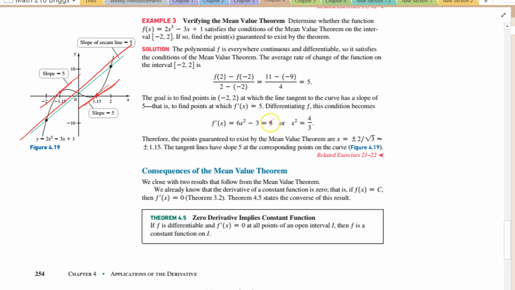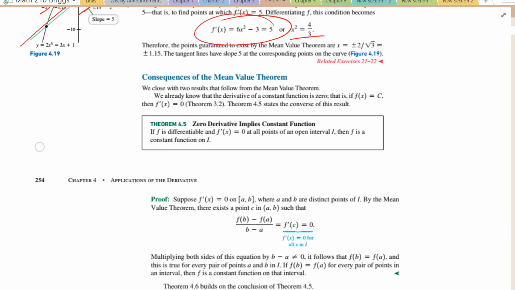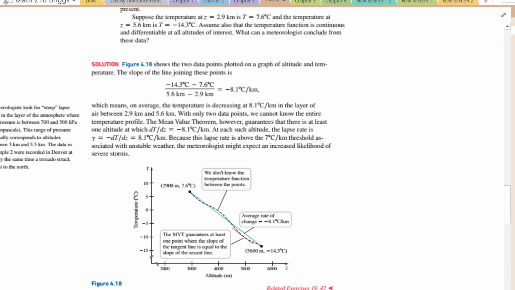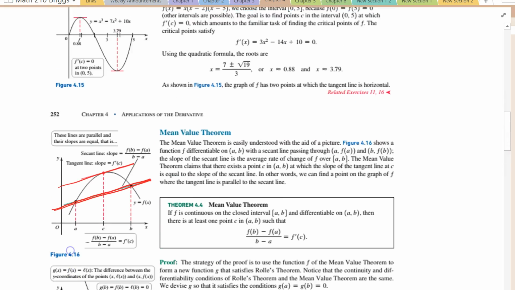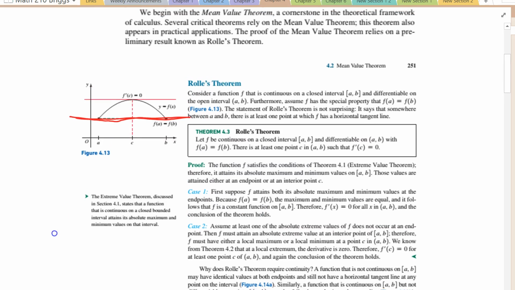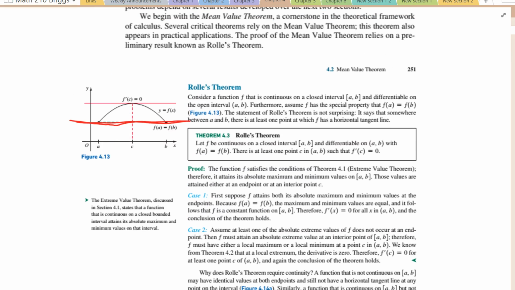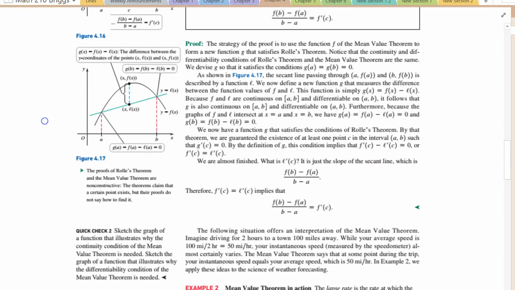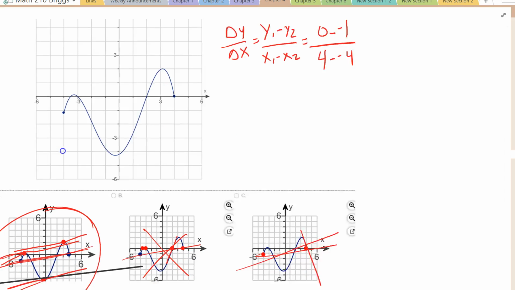When you have the function explicitly, you can take the derivative, set it equal to the average rate of change, and find those points. The special case of the mean value theorem is just Rolle's theorem, when the slope equals 0. Hopefully this clarifies what's going on here, and if you have any other questions, please let me know.